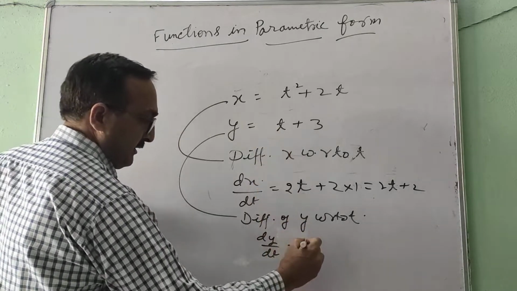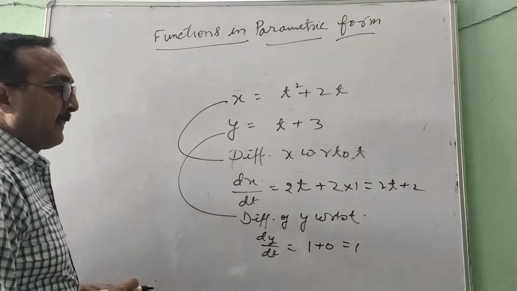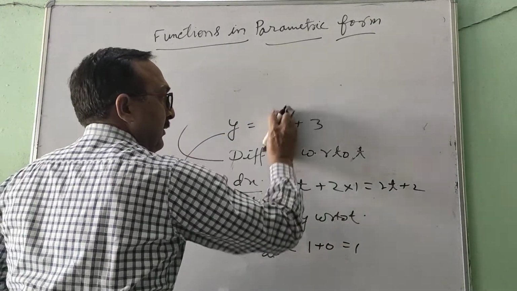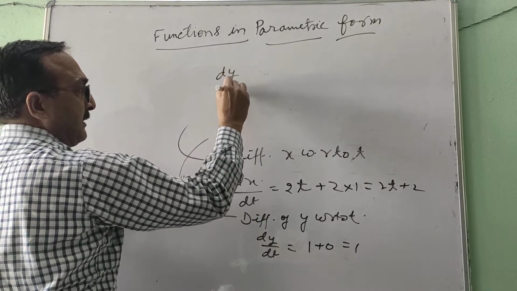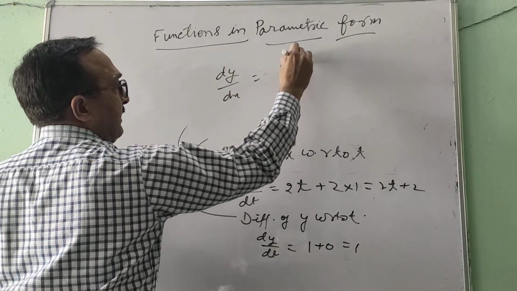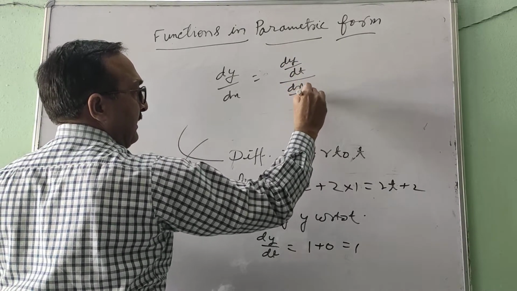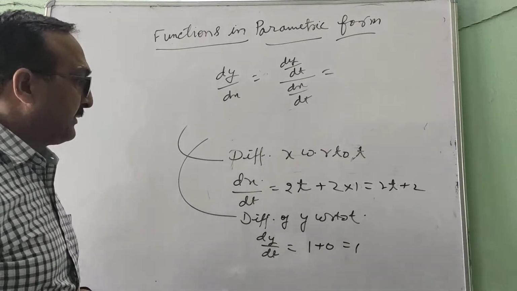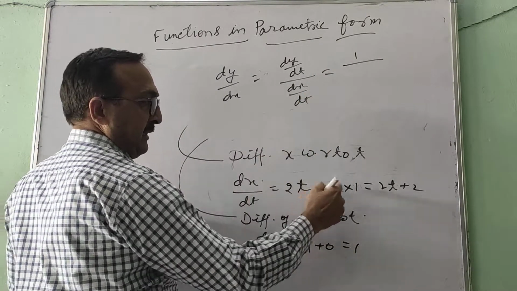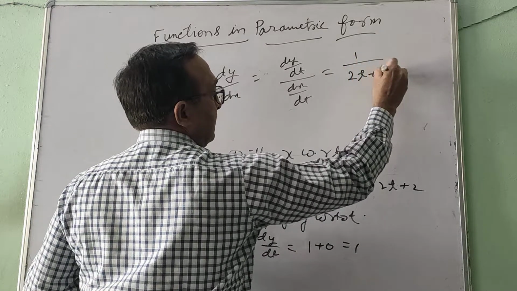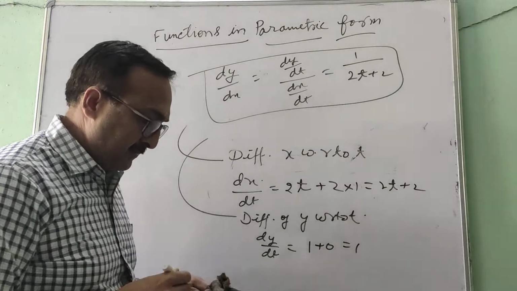What is the differentiation of t? 1 plus 0, that is 1. And we find dy upon dx, and that is dy upon dt, chain rule, upon dx upon dt, and substitute the value of dy upon dt, that is 1 upon dx upon dt, 2t plus 2. This is the solution of this problem.